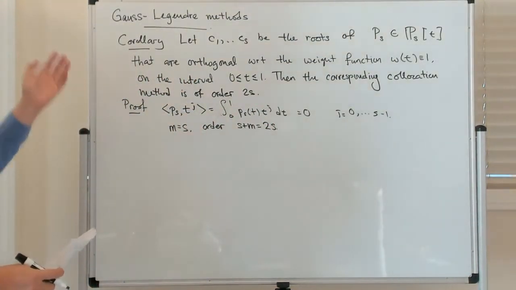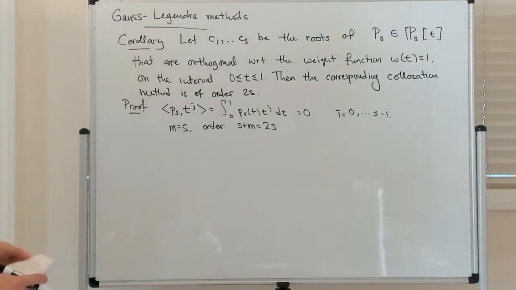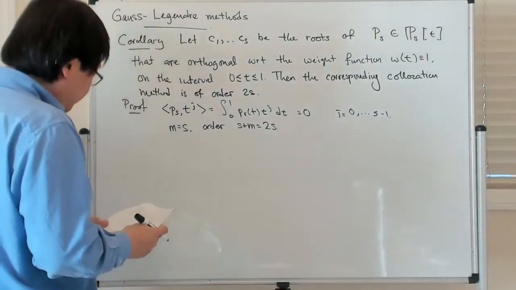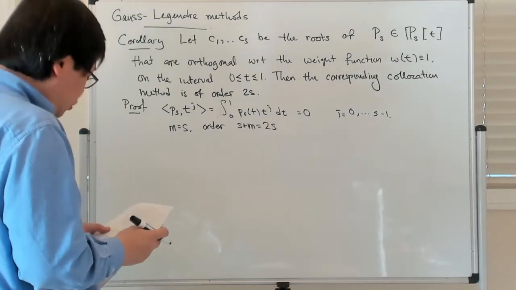Right, so that just proves that if you construct one of these collocation Runge-Kutta methods using collocation points, which are roots of this orthogonal polynomial, then you're going to have a Runge-Kutta method of order 2s, which is really, really nice. So these methods are called Gauss-Legendre methods.